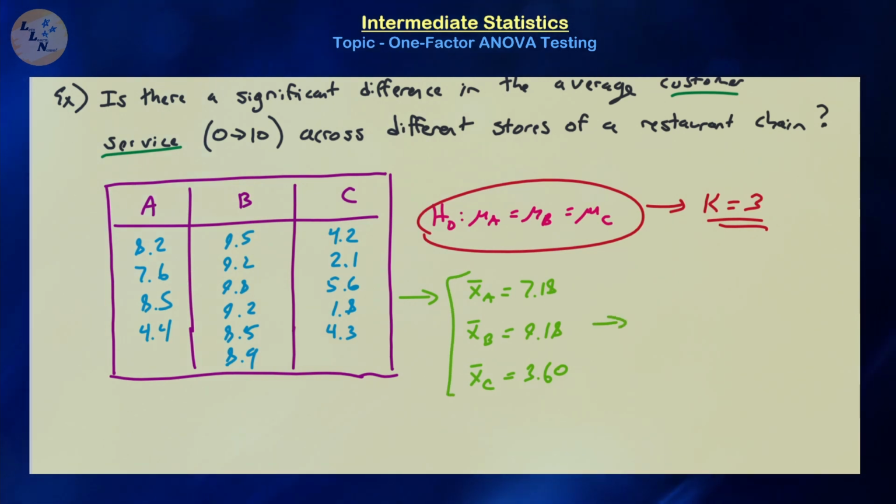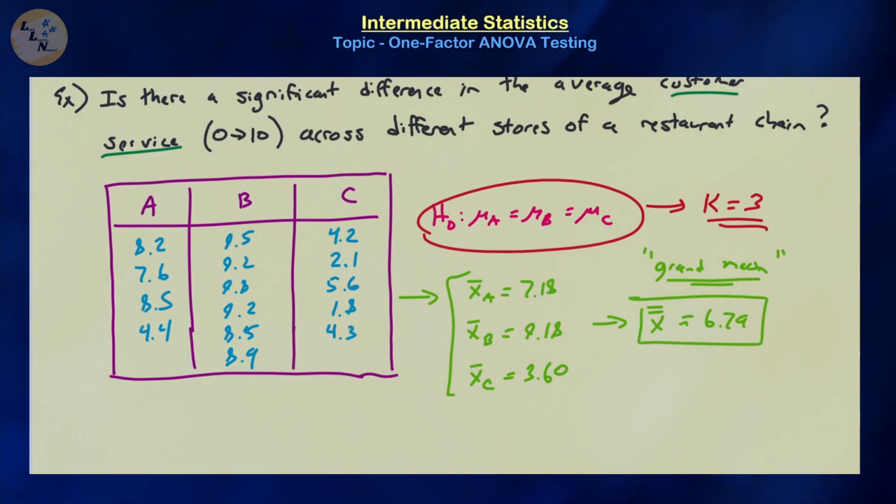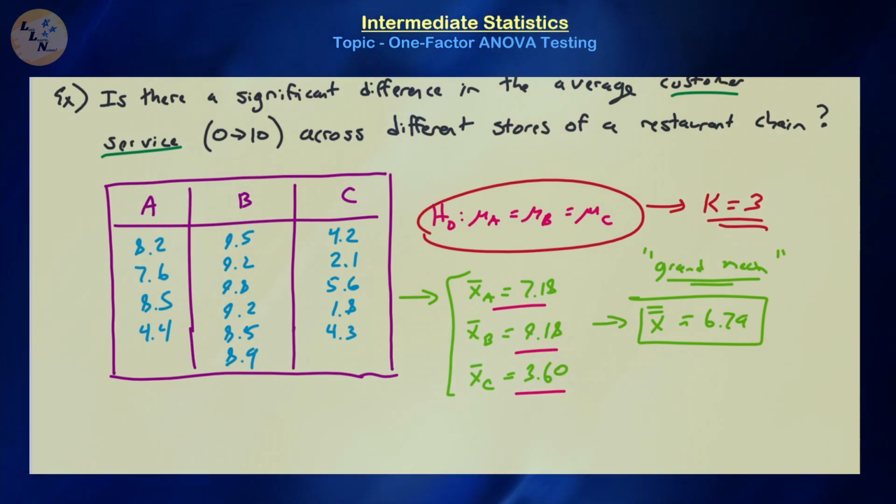One can also find that the grand mean, which we're calculating as just the average of all of these respondents, is approximately equal to 6.79. Now, one may ask, is this really the best way to approximate the mean? Should I just do the average of A, B, and C together, or is it better to average these averages together into one different average? We'll briefly discuss this a little bit later.